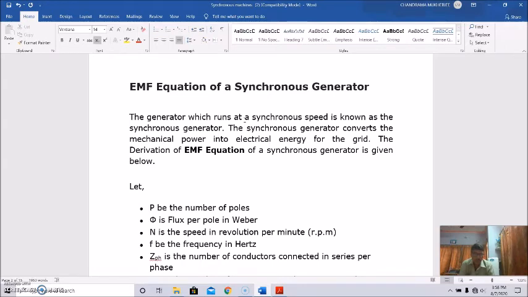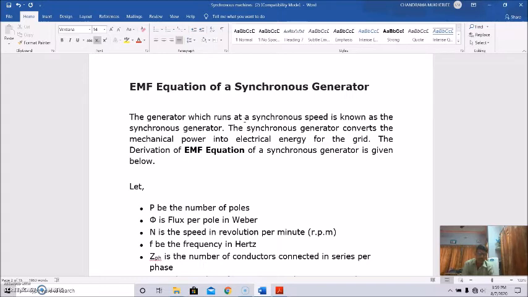Basically, a DC supply is given to the rotor winding, that is the field winding, by different excitation methods, which we have discussed at the very beginning of this class.